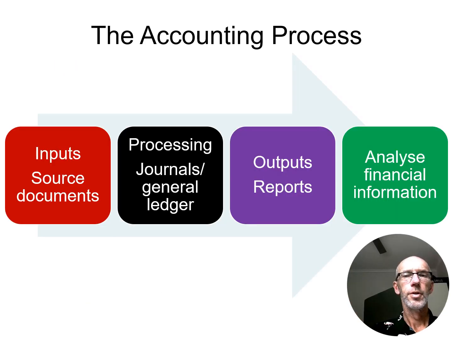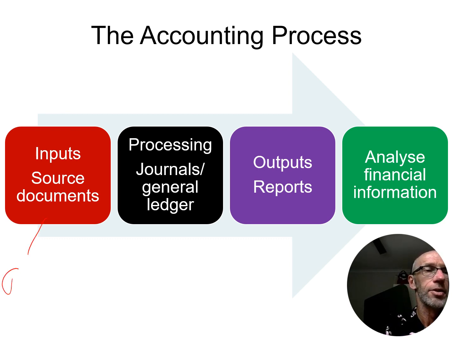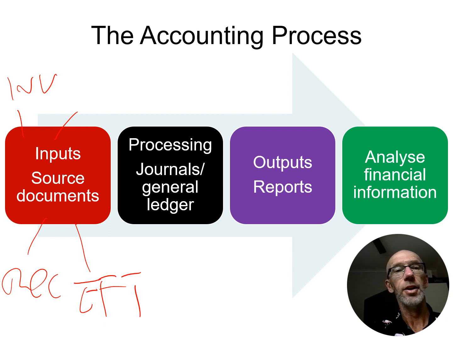Just to give some further context of where this actually fits in with the course, I like to put a bit of emphasis on the accounting process. So our inputs, our receipts, our EFT docs, our invoices, etc. These are processed, if we're using a single entry system, into our special journals.